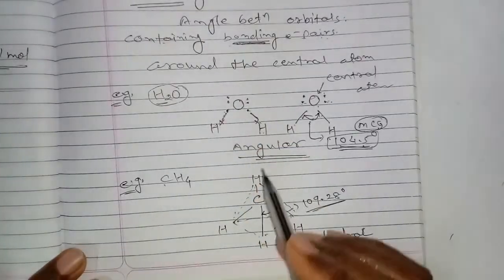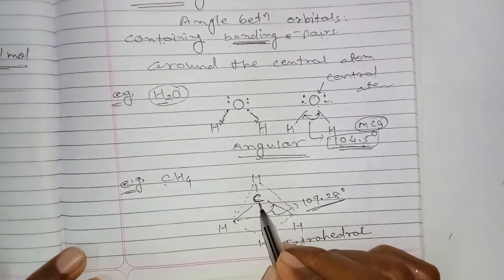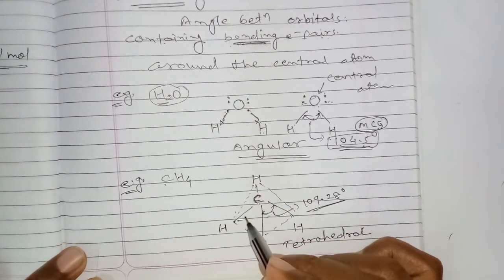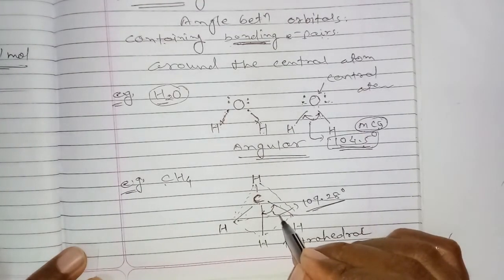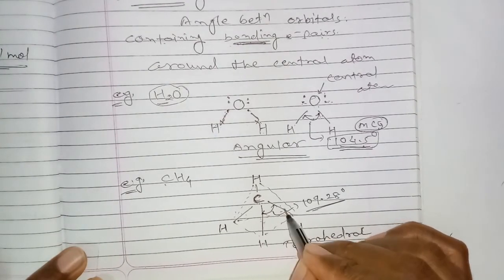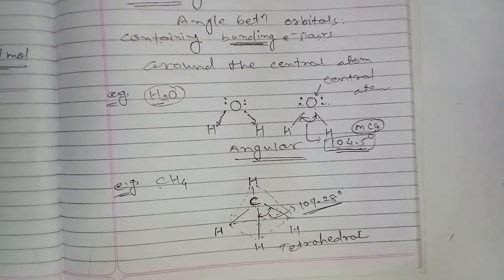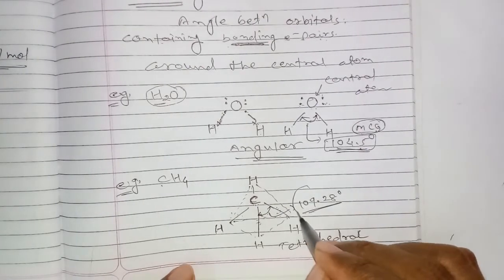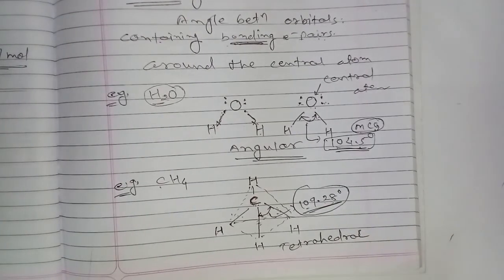Carbon is the central atom. This carbon atom is bonded with 4 hydrogen atoms with single bonds, and the bond angle between two single bonds is 109.28 degree.